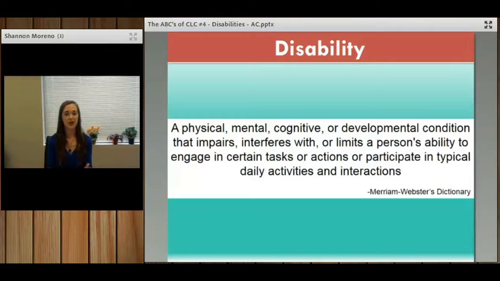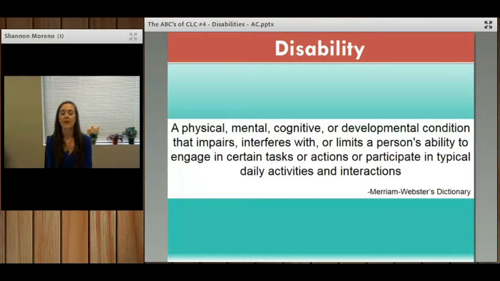And that's what we call disability. So to illustrate this a little bit more, it is important to understand these two different ways of looking at disability, because that's really going to determine how folks use the rest of the terms that we're going to look at today.